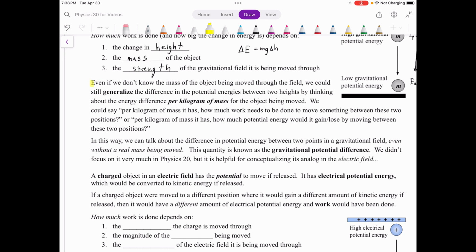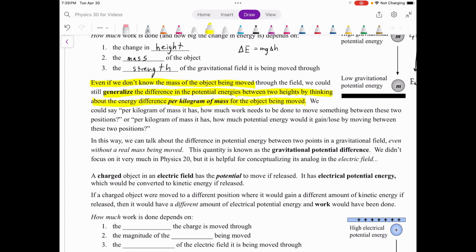So even if we don't know the mass of the object being moved, or really, even if we're not actually going to be moving a mass of any real object at all, we could still generalize the difference in the potential energies between two different heights by thinking about the energy difference per kilogram of mass for any object being moved.